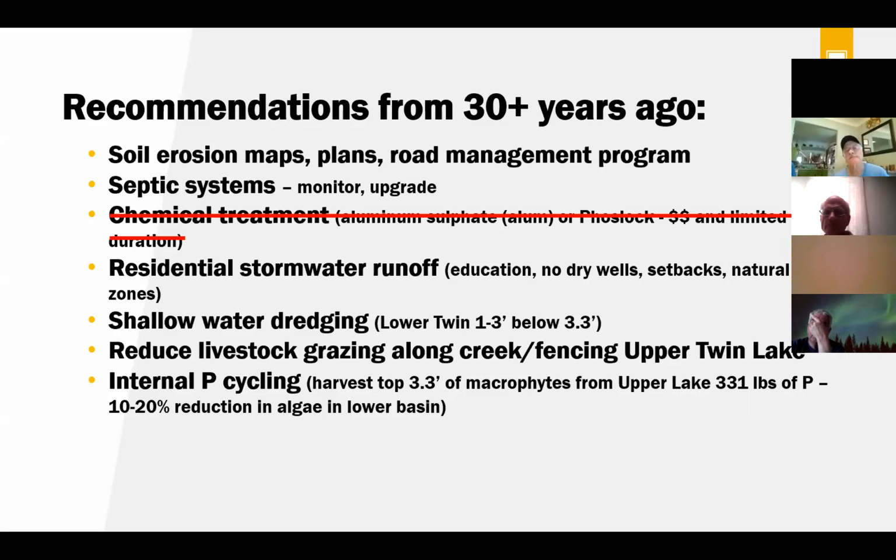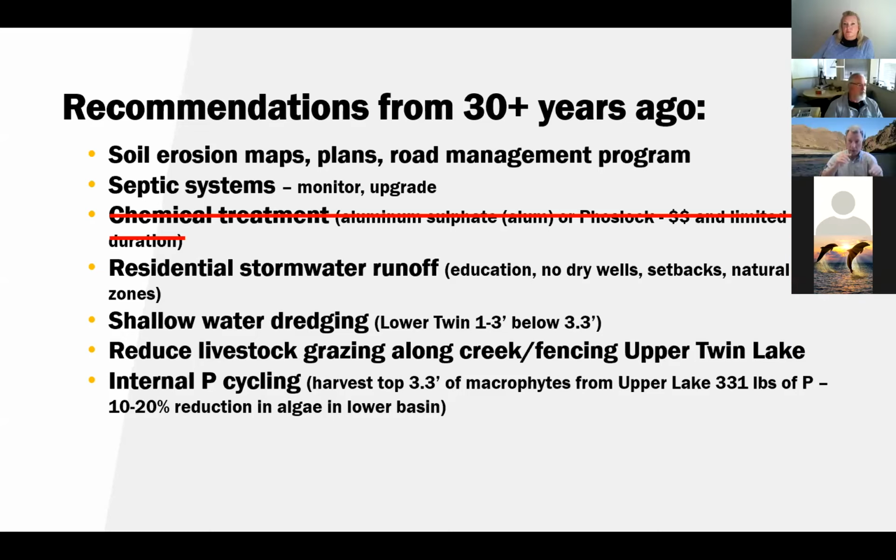The macrophytes, the big plants that grow on the bottom of the upper lake, represent about 87% of the phosphate at the time of the entire nutrient budget. So the idea was remove the macrophytes, get them out of the watershed, and that would immediately reduce the phosphate that goes down to the lower basin, and you could see about a 10 to 20% reduction in algae.